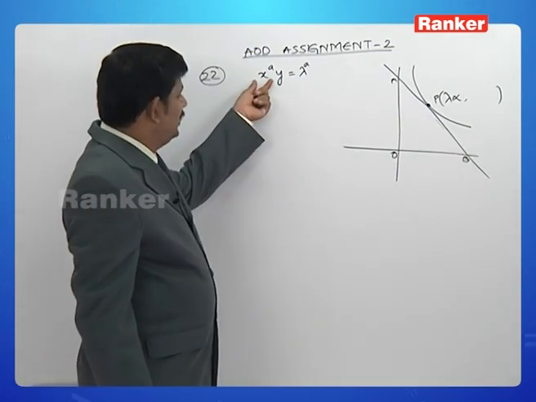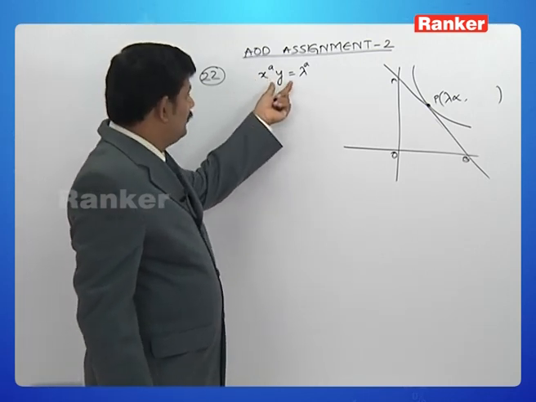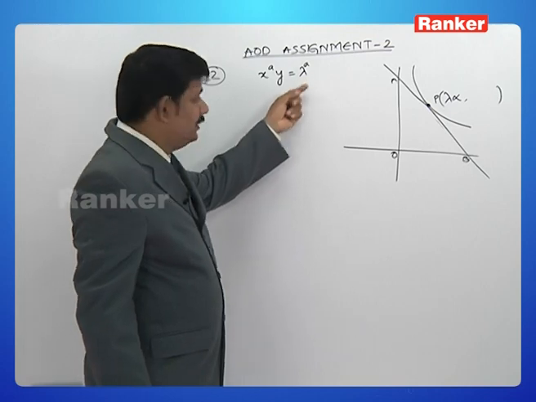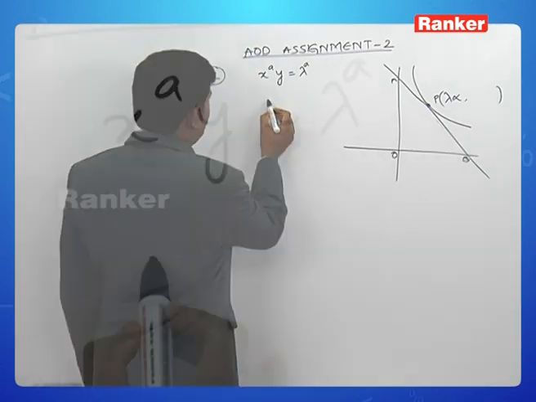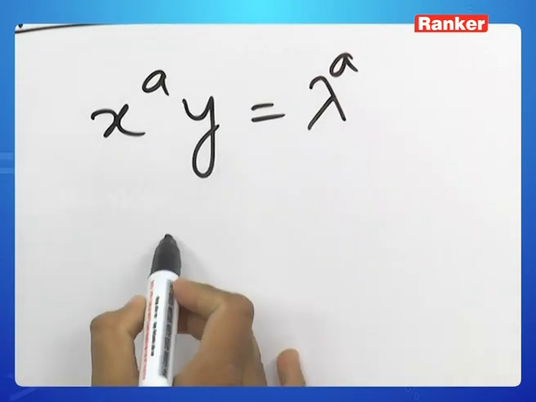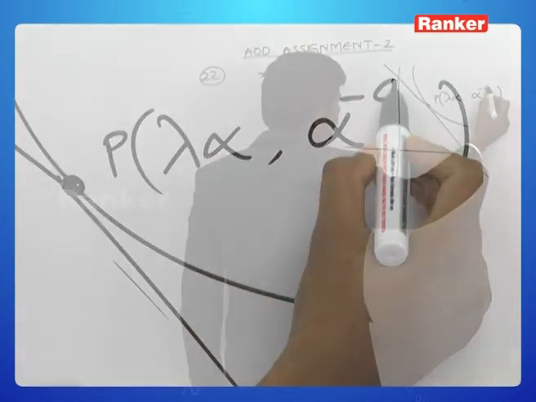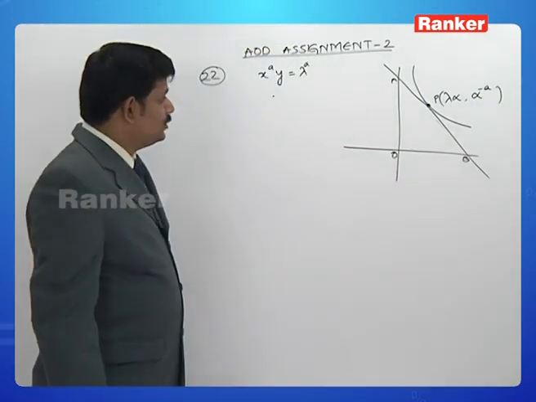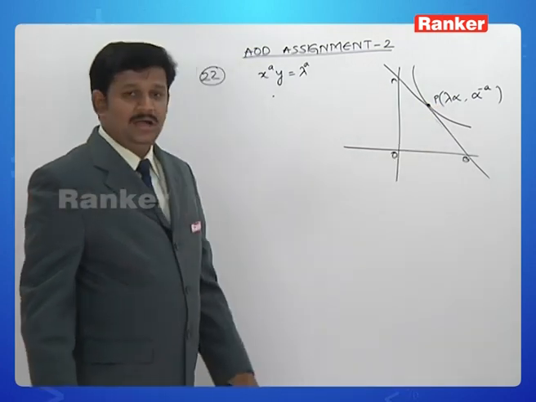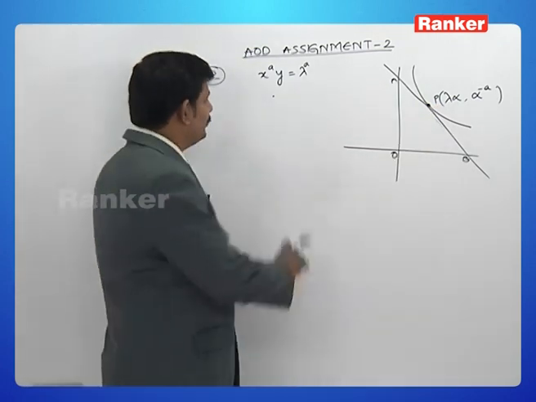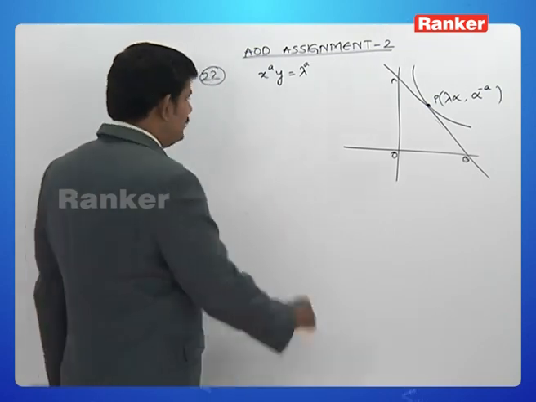Then λ^a α^a y = λ^a, so λ^a cancels and α^a y = 1, or y = 1/α^a, which is α^(-a). So we can assume any point on the curve as (λα, α^(-a)). Let us find the equation of the tangent at this point.